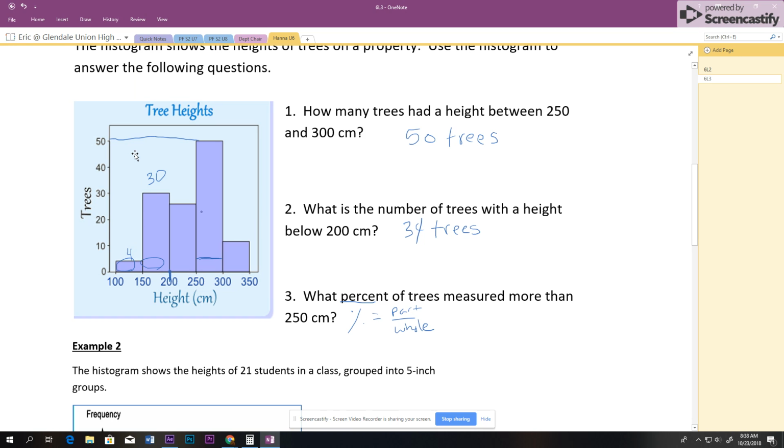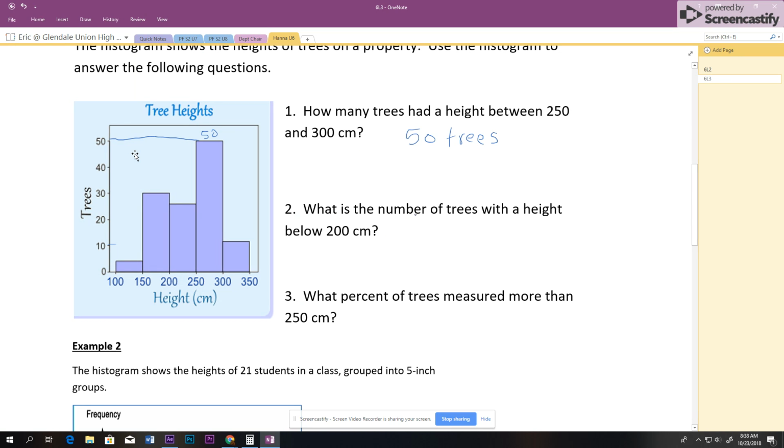This one was 4 because it wasn't quite halfway, and this one is 10, and we said that this is 50. You know, actually, let's go back and talk about that one. 50 trees.